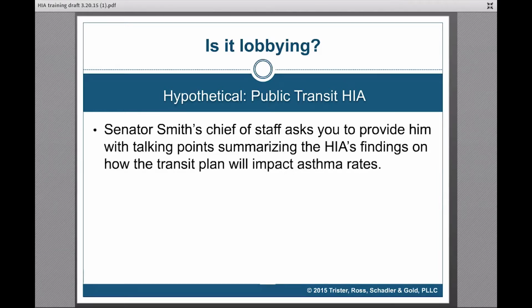So as long as you're getting that broad public distribution out, you can't control what the people who receive it are going to do with it. And you won't be held liable for what the folks who receive the report do with it unless you've coordinated ahead of time.